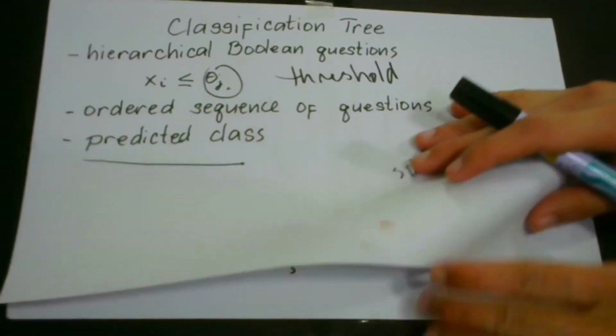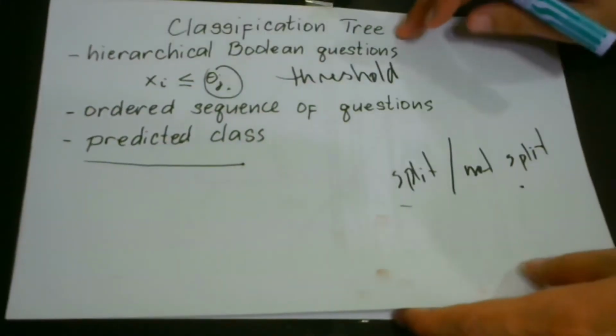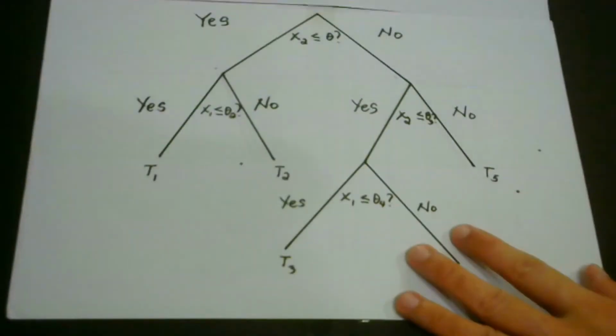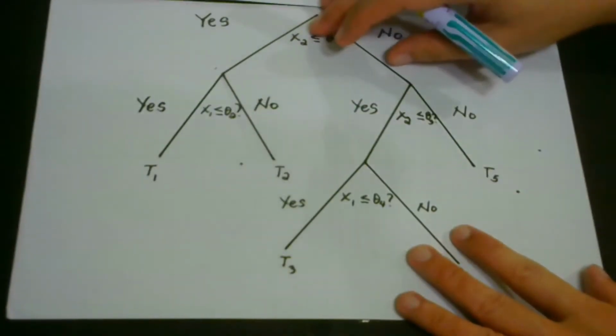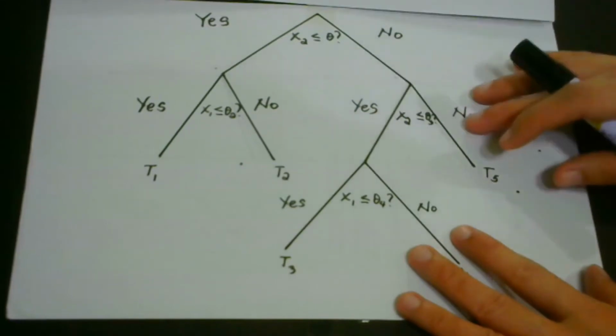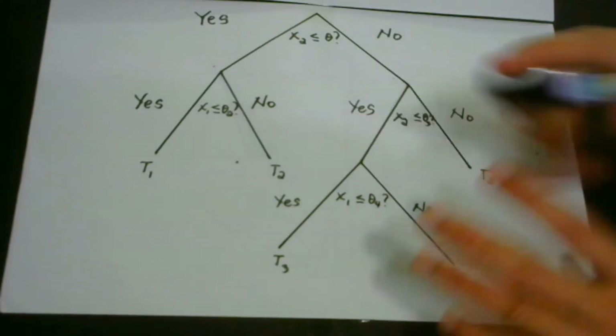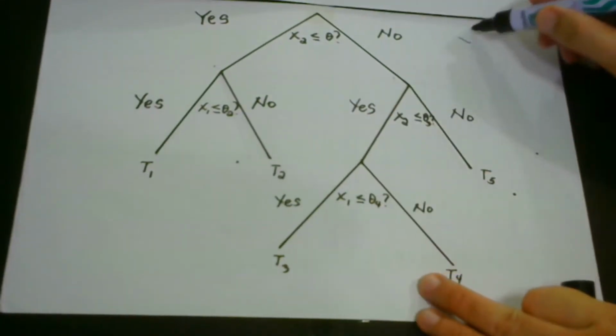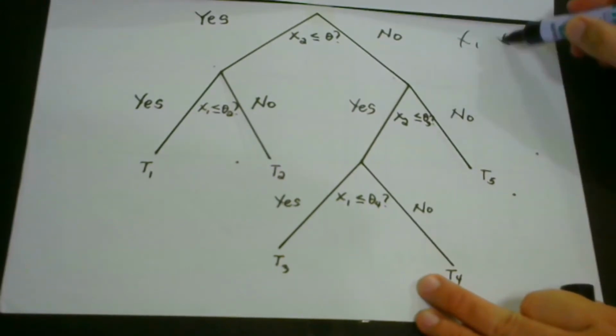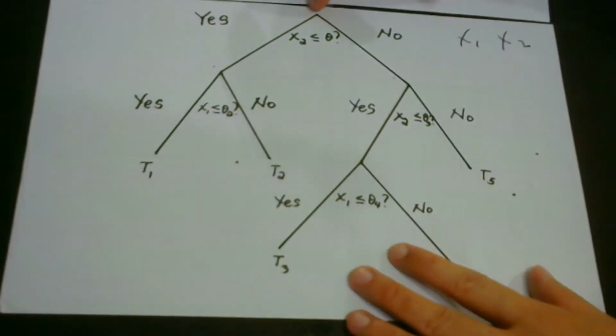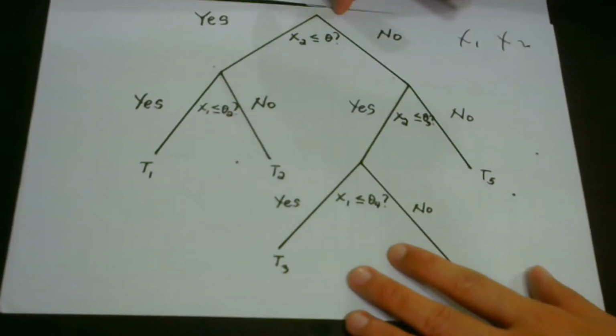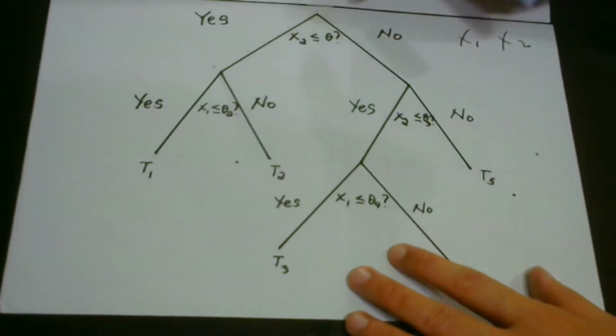For better understanding of a classification tree, let's have this very simple recursive partitioning of our tree. In this case, we have two input variables, x1 and x2. Let's start from the very root and say, for example, we have the same problem as in our lesson number 1: are we going to approve or reject a loan application?